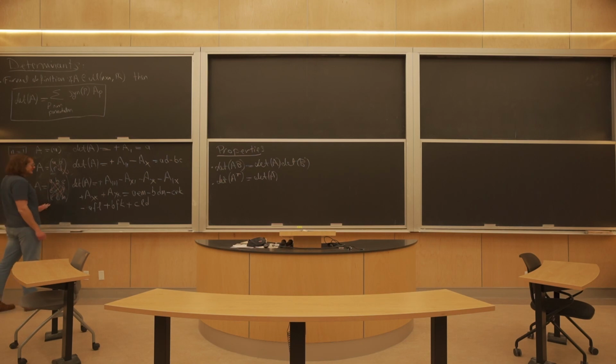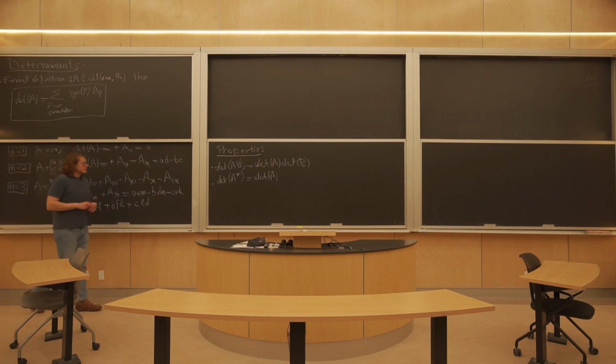Now it's getting harder to see, but CEK is a minus term, BDM is a minus term, and AFL is a minus term. This is a mnemonic device you can use, or you can copy rows or columns to the side and use arrows like this, either way.